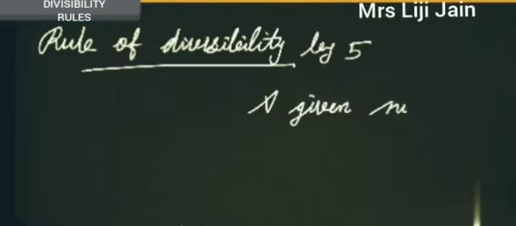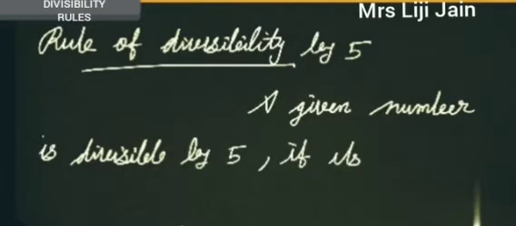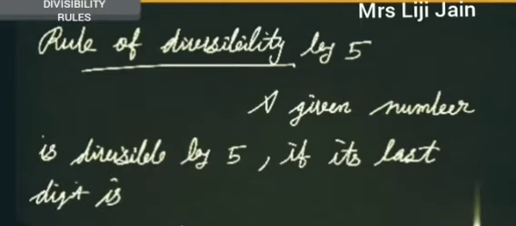A given number is divisible by 5 if its last digit is either 0 or 5, isn't it?